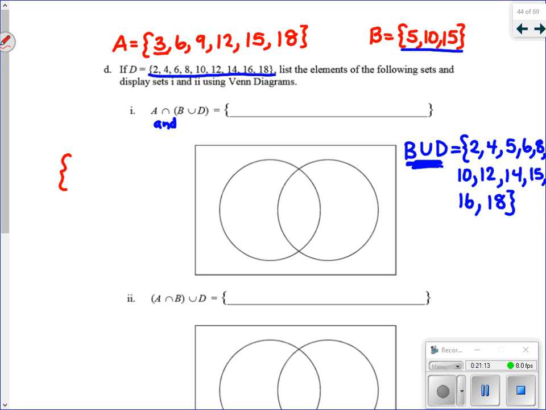What about 6? 6 is here. Yeah, it includes 6. Okay, what about 9? Nope. What about 12? Yes. What about 15? Yes. What about 18? Yes.